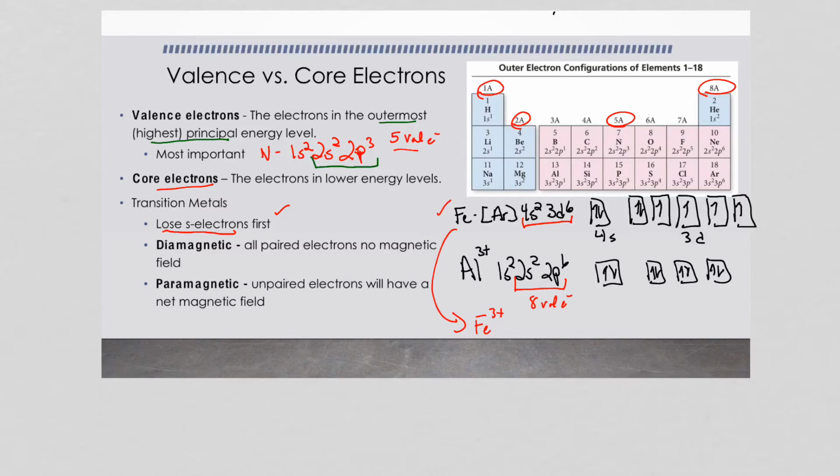So I'm going to lose these 4s electrons. Once I've done that, I still have to lose one more. So then I'm going to start taking the d. So these are going to be argon, and I could write 4s0, but since it's not there, it's going to be 3d5, right? And that would be the 23 electrons. That would be an iron 3+.